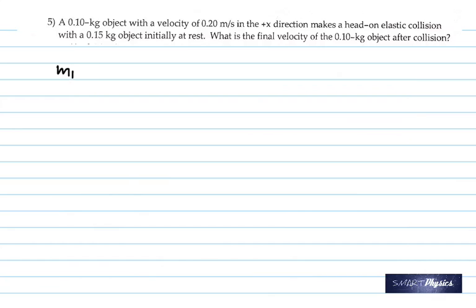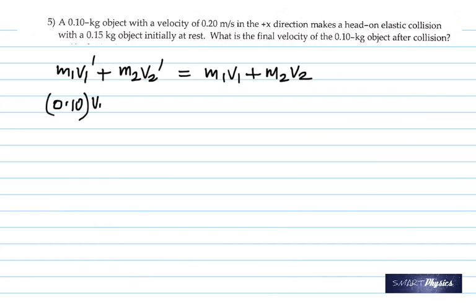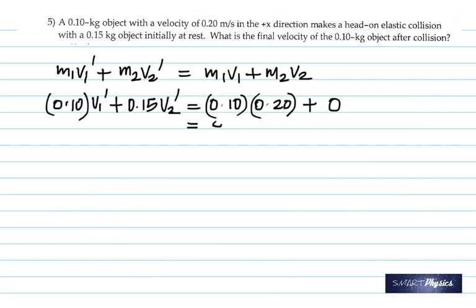So you get your M1s and V1s identified, and they use the principle of conservation of momentum, which is M1 V1 prime plus M2 V2 prime is M1 V1 plus M2 V2. So one is the 0.10 kilogram object, and the other one has 0.15. We do not know their final velocities, so V1 prime and V2 prime both are unknown.